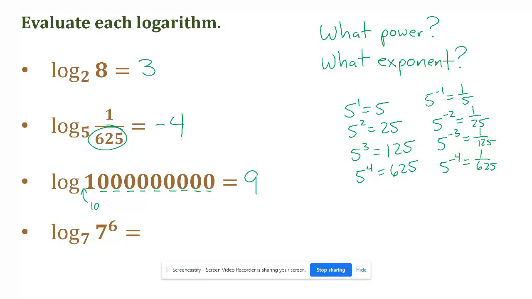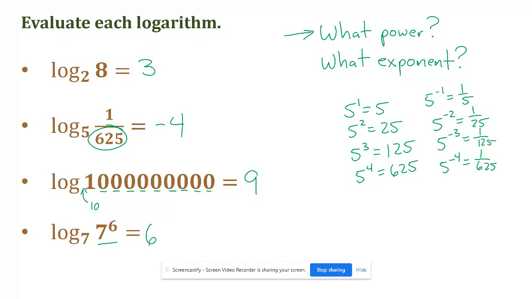Now the last one, I have an exponent in the logarithm, which looks a little weird, but it actually makes this easier on us. Because remember, the question we're asking here is what power or what exponent. And so we're thinking 7 to what power is equal to 7 to the 6th. And if you think about what we just said there, it's kind of obvious. 7 to the 6th power is equal to 7 to the 6th power.